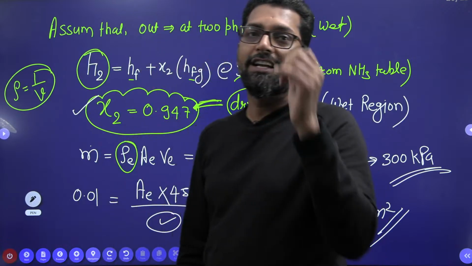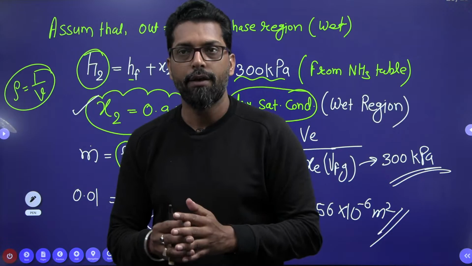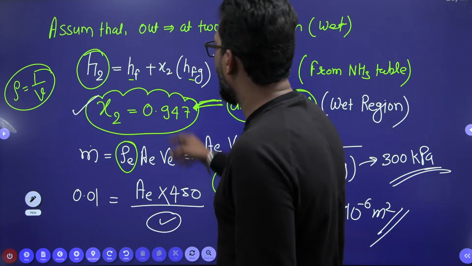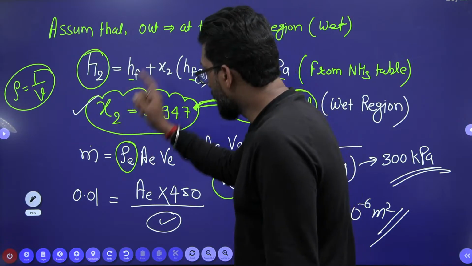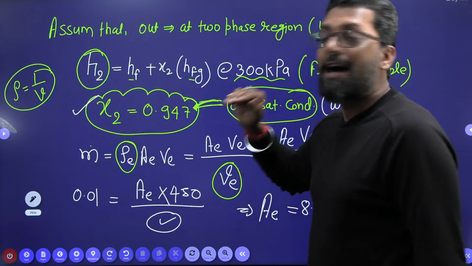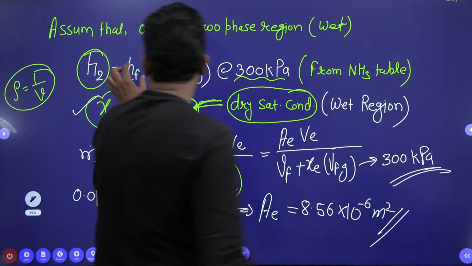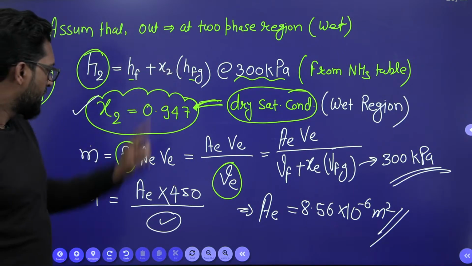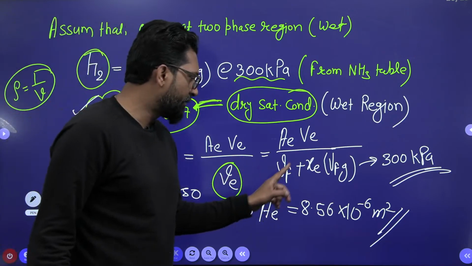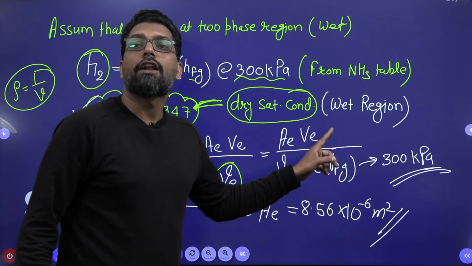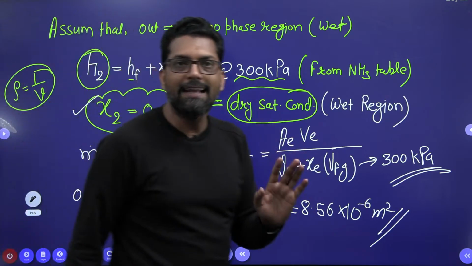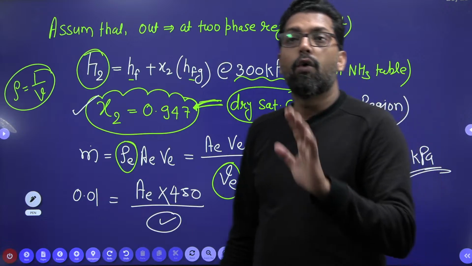If the dryness fraction is in between 0 and 1, there must be a wet region. For the wet region, the calculations are on this basis. The enthalpy is hf plus x hfg. The specific volume is vf plus x vfg. The entropy is sf plus x sfg. Like that we have to calculate all the things.